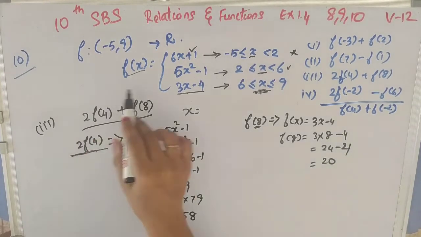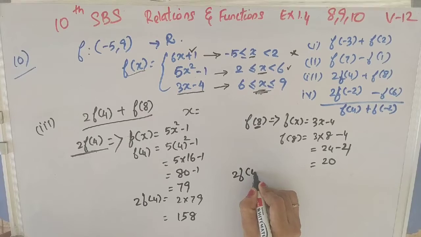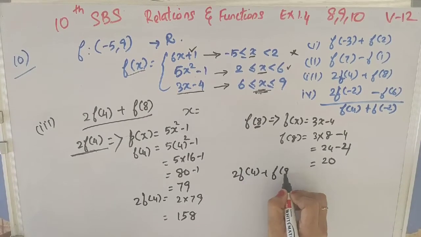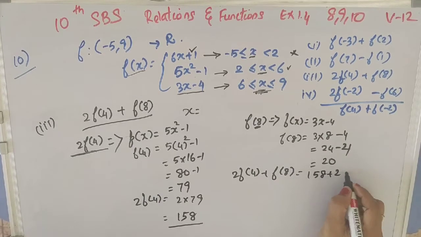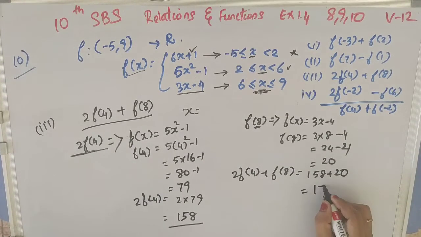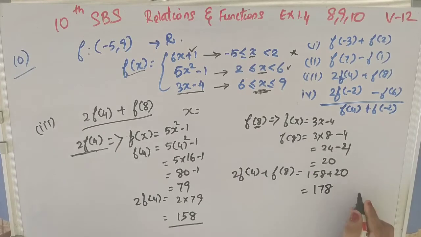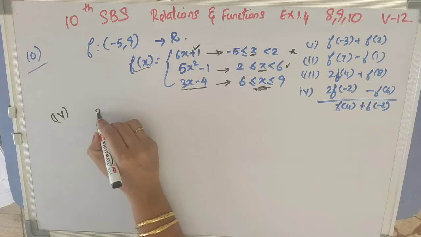But what we should do? We should find 2 into f of 4 plus f of 8, isn't it? That is 158 plus 20, which is 178. Clear? Okay. Now, let's go to the fourth problem.